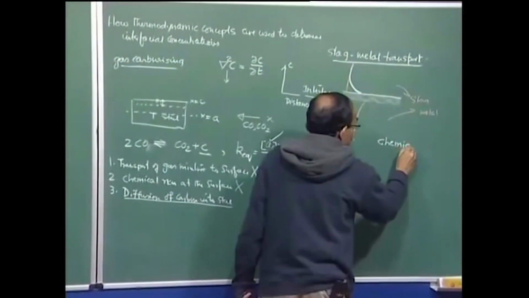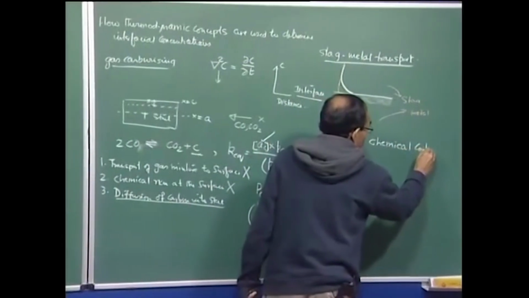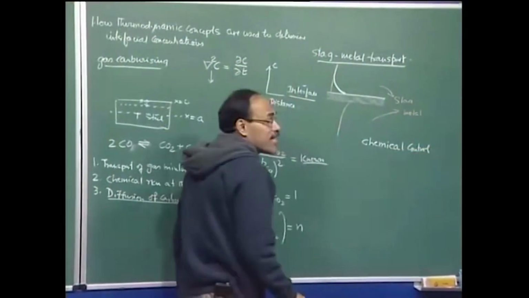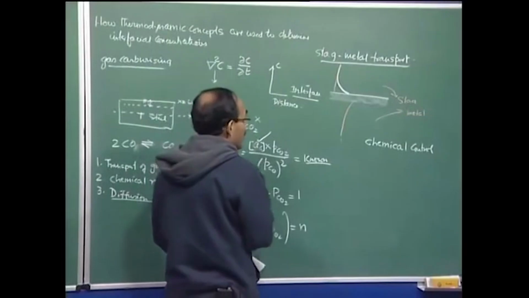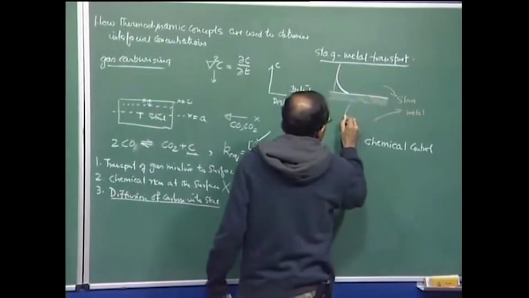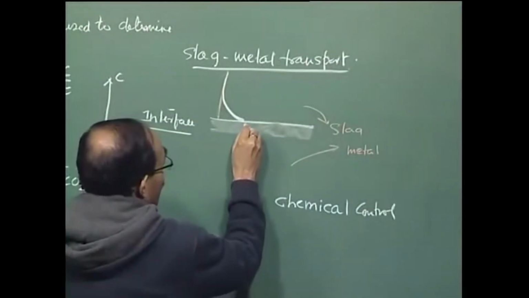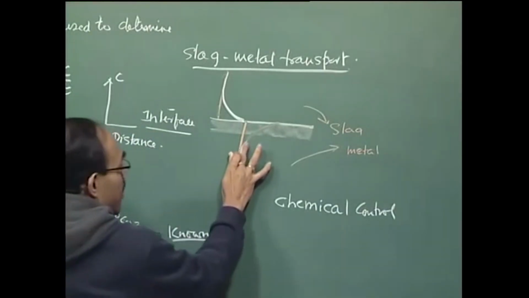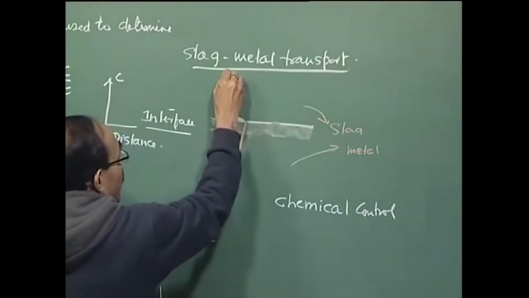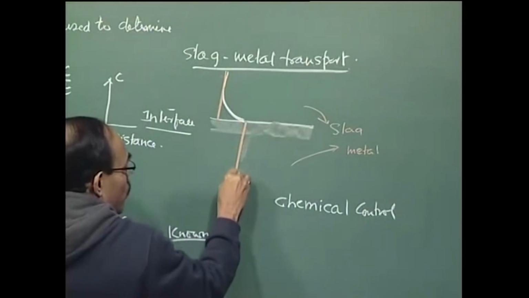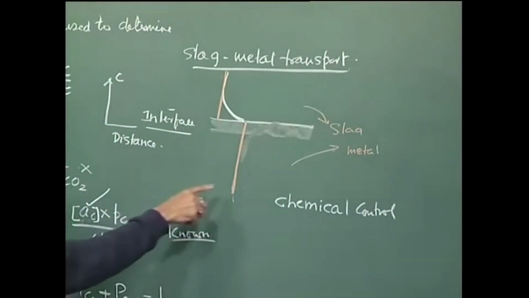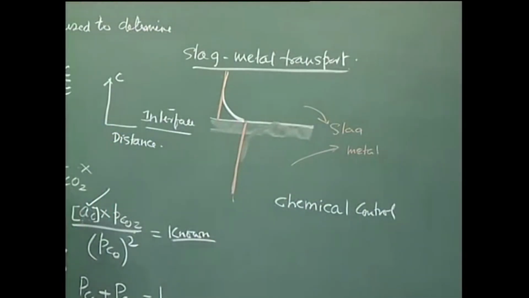So, therefore, there is a possibility of purely chemical control. This is one possibility, that means the reaction controls, and in that case I will draw this particular line. If it is chemical control, then there is no boundary layer neither in the metal phase nor in the slag phase, the lines are completely horizontal, and this is an indication of chemical control. That means the rate of the chemical reaction is rate limiting, pure chemical control.